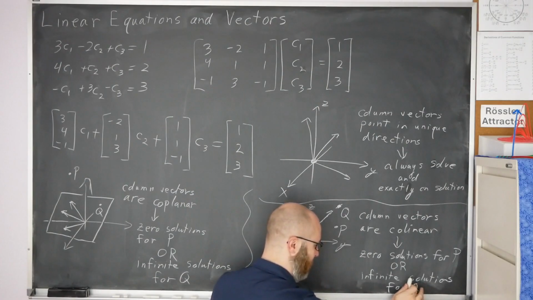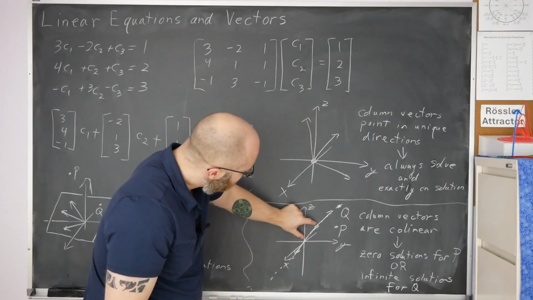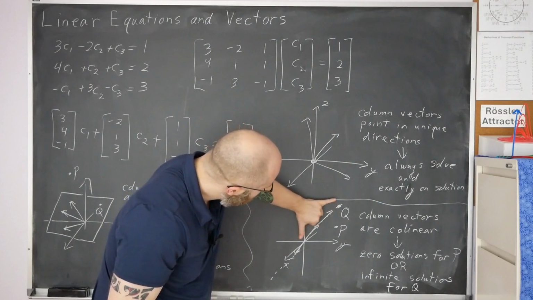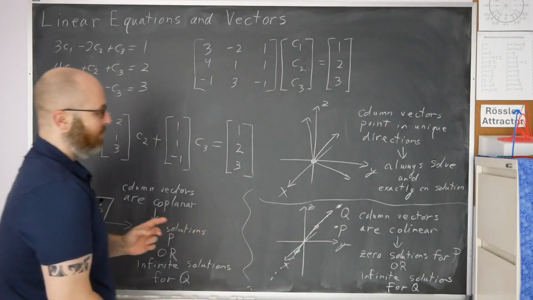There's an infinite number of ways to add together these vectors. You could take some number times the first vector to get directly to Q, or some number times the second, or some negative number times the third to get directly to Q. There's an infinite number of solutions.